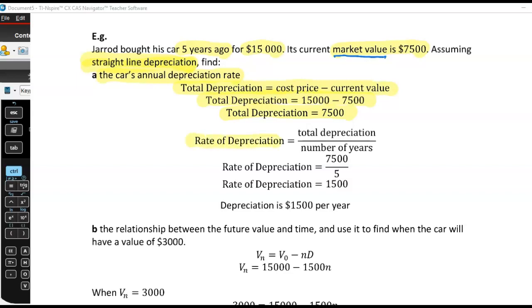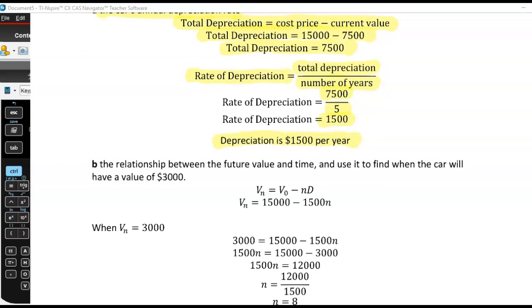So that rate of depreciation is total depreciation divided by how many years has it depreciated. So it's been 5 years. So it's depreciated at $1,500 per year.